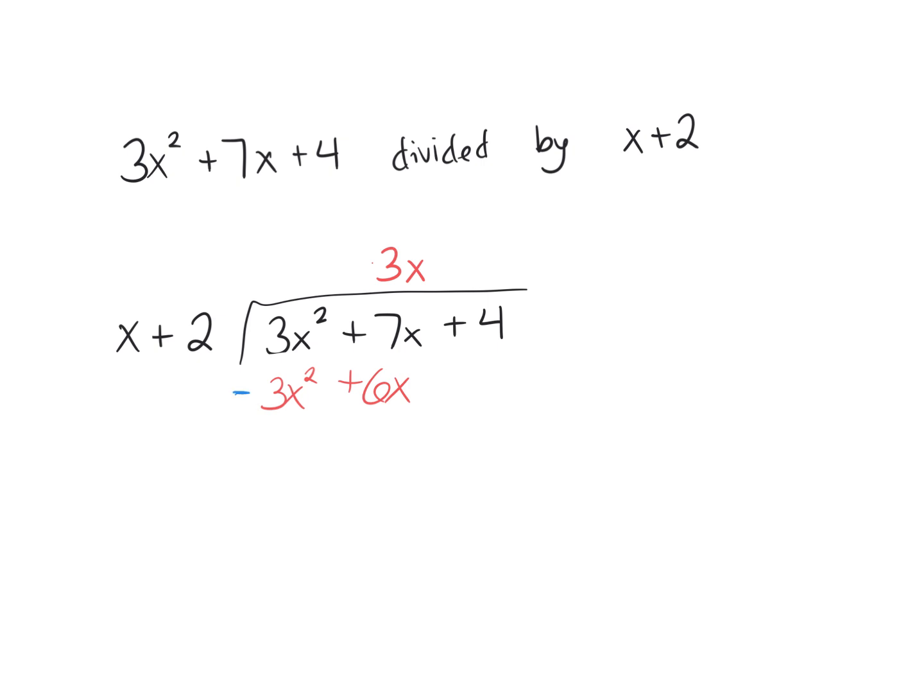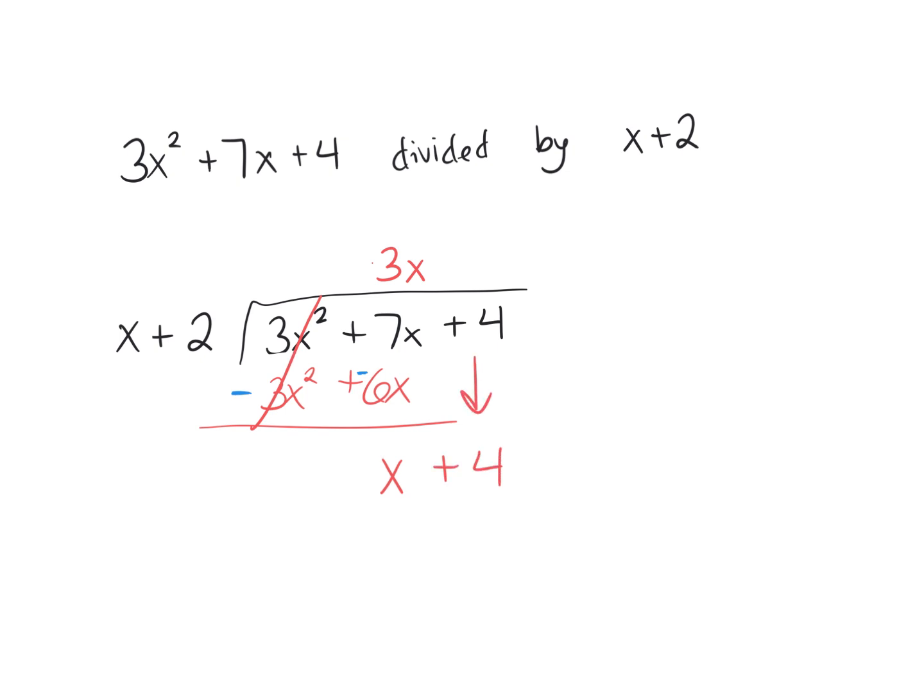Subtract. Okay, with that subtraction sign, go ahead and take it through the whole thing. What happens to those first terms? That should happen every time. You want those to cancel out. 7x minus 6x is 1x, or x. What do I do with the 4? Bring it down. So x plus 4.